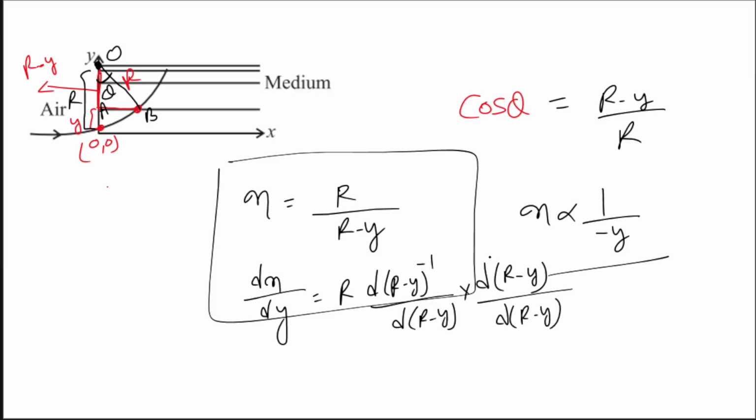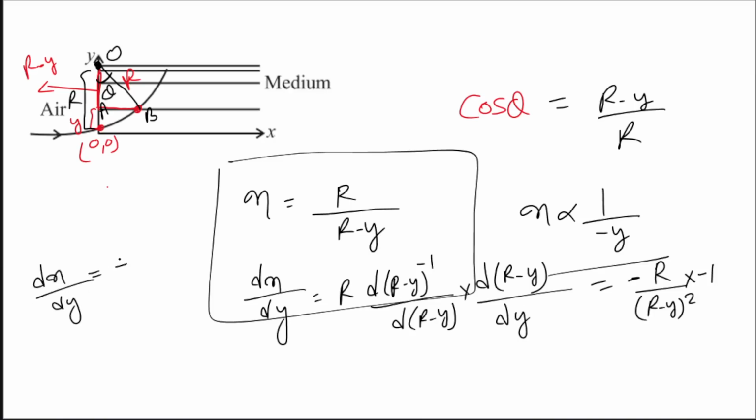This will become minus 1 by (R minus y) whole square, and sorry, here it will be dy. Done, because if you cancel this, you are left with d(R minus y) to the power minus 1 by dy. Again R was there, so minus 1 will become plus 1. So dn by dy, the slope, is positive here: R by (R minus y) whole square.